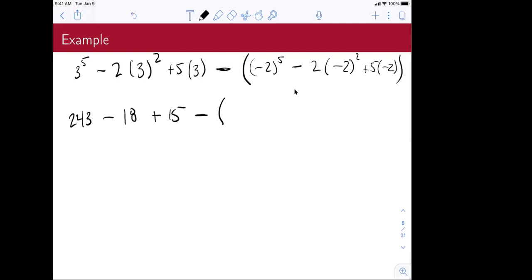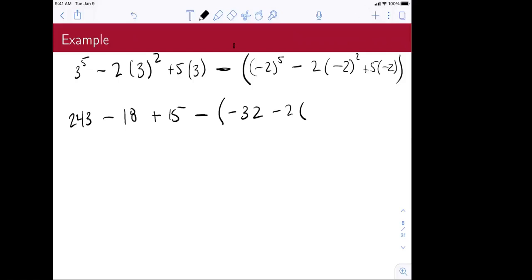Well, 2 to the 5th is 2, 4, 8, 16, 32. And so is it plus or minus 32? Minus 2 to the 5th is minus, right? I'm taking minus 2 to an odd power. So I'm going to have minus 2, 4, 8, 16, 32, minus 32. And I'll have minus 2 times, well, minus 2 squared. What's minus 2 squared?